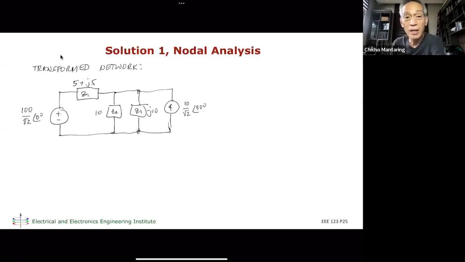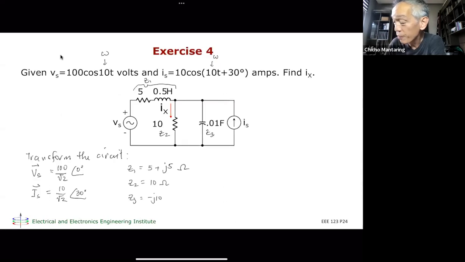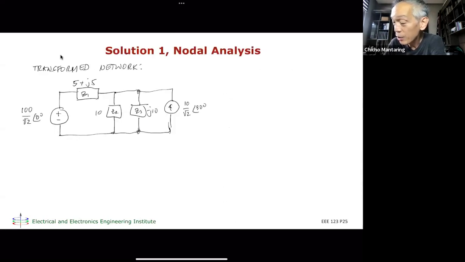Okay, so ang solution 1 na gagamitin natin, remember the problem is to find i's of x, no? So ang hahanapin natin dito is yung phasor i's of x. That is what we're looking for here, the phasor i's of x. Okay, so ang solution 1 is to use nodal analysis.